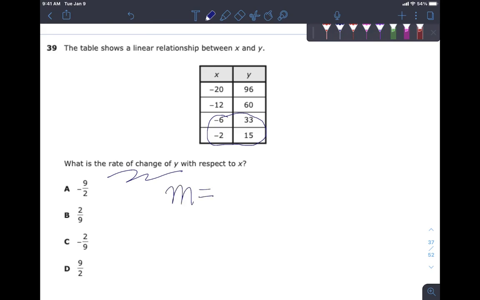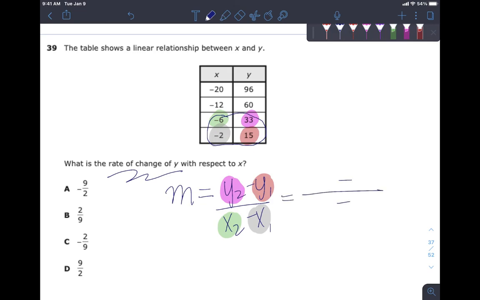So m equals y2 minus y1 over x2 minus x1. So y2, y1, x2, x1. Let's plug those in. Noticing that I'm writing in my negatives, okay?